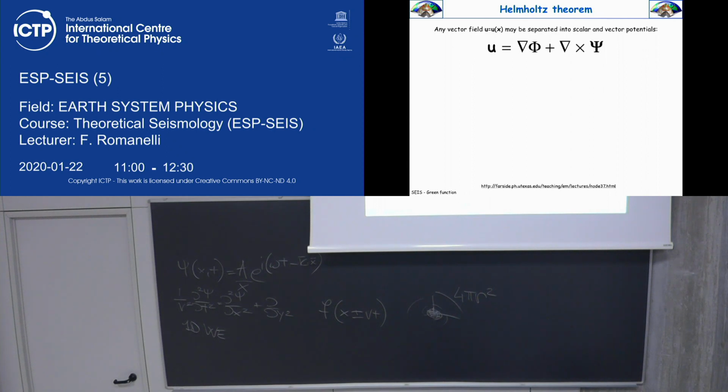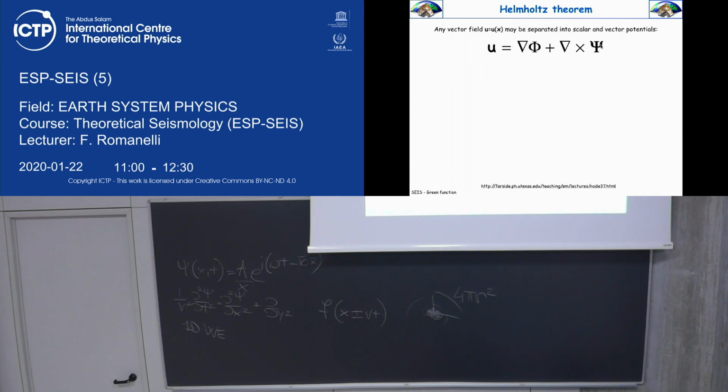That's the theorem. Actually, if you want to be more sophisticated, you should put some conditions on the vector field and on the potentials. That's why I was adding the link. For example, in some versions of the Helmholtz theorem, someone is adding a condition that the divergence of psi should be 0.